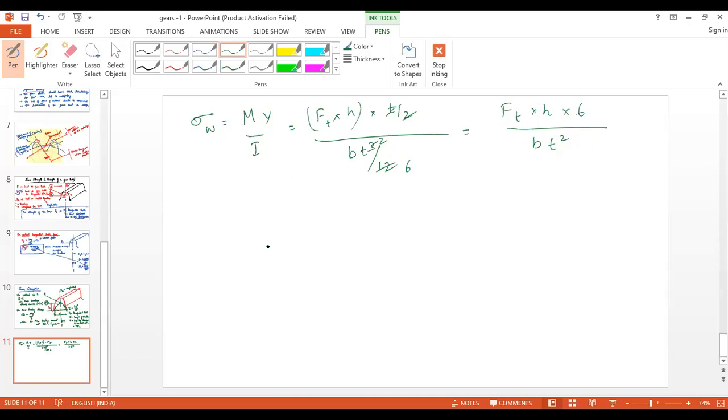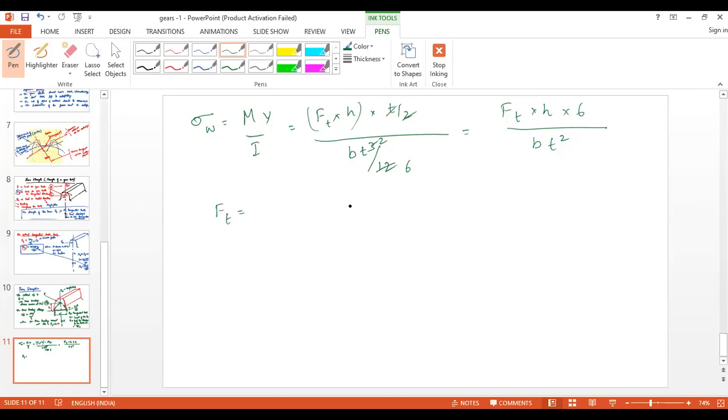Now here, what is sigma_b? Bending stress. It is the maximum bending stress developed in the beam. Now I will rewrite this equation in terms of Ft.